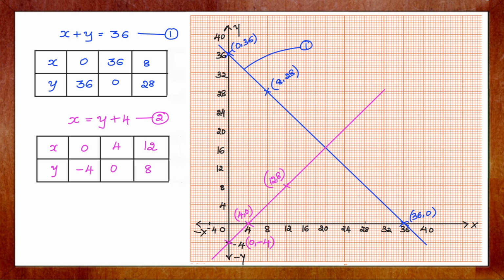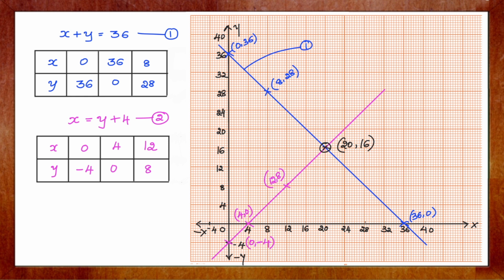Now you see that the two linear equations intersect at this point here. This is the point of intersection. On the x-axis this point is 20 and on y it is 16. So the point is 20, 16, representing x and y. Here we have obtained the dimensions they asked for the rectangular garden.